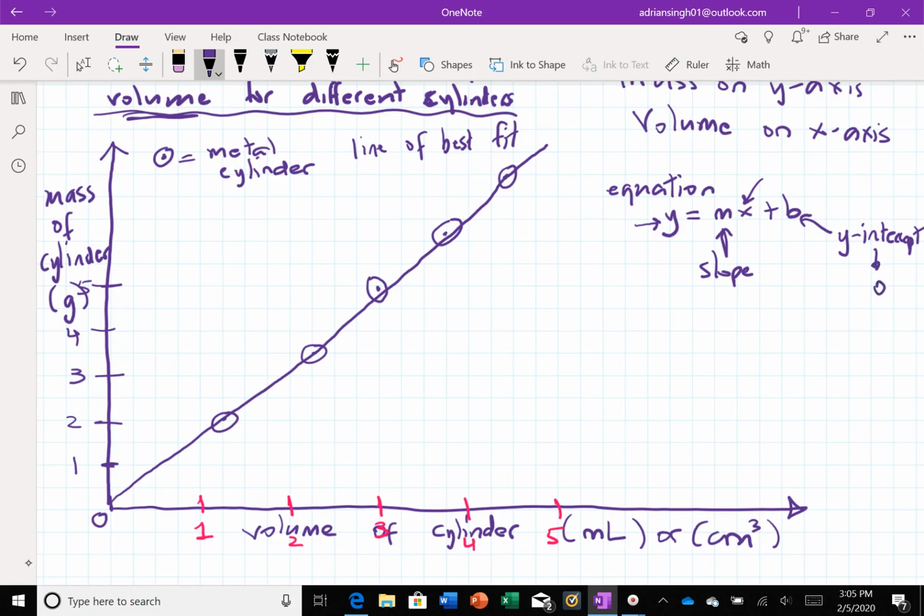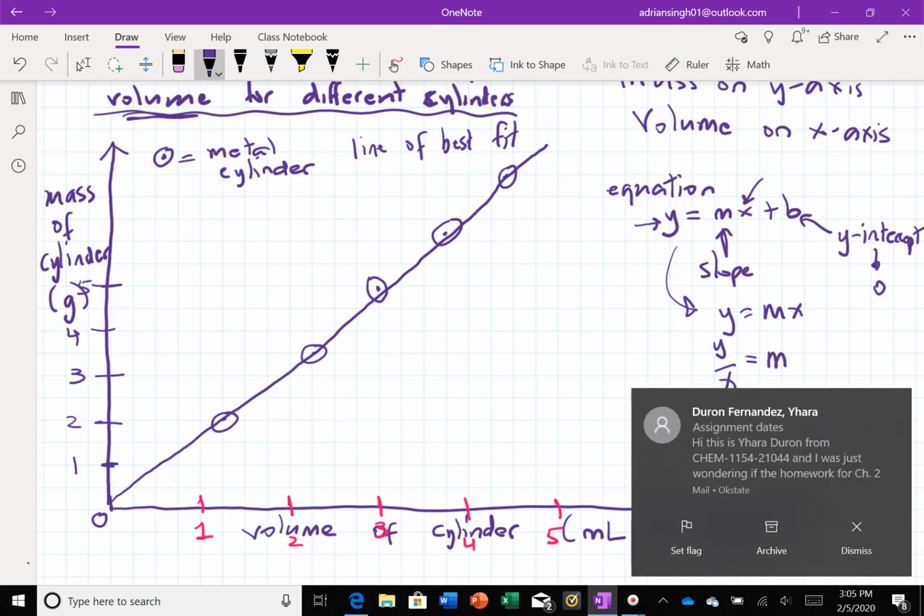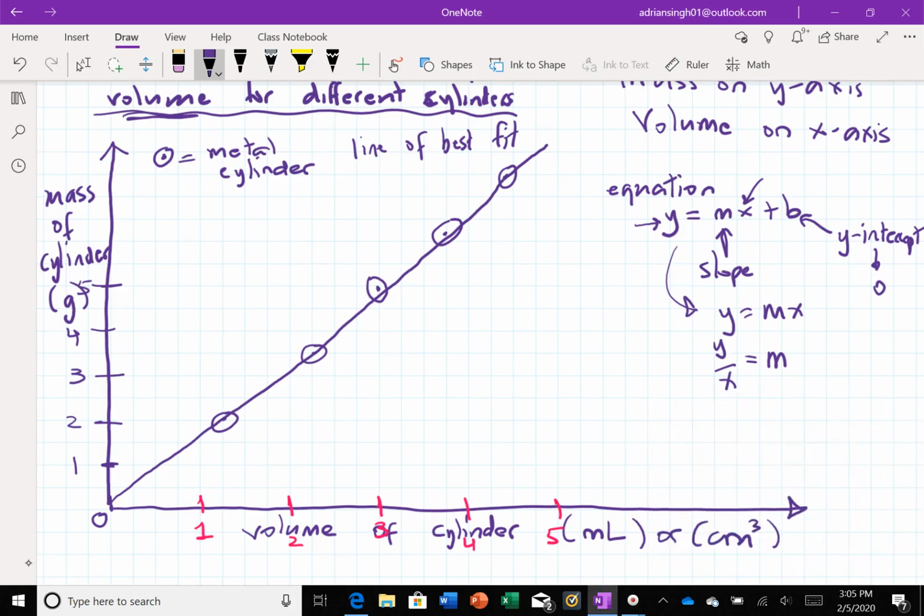All right, so if we simplify this, what this ends up being is y is equal to mx, because b, or y-intercept, is 0. So if you rearrange this equation now, we have our slope m is equal to y over x. So we can actually calculate the slope of our graph using the equation of this straight line.